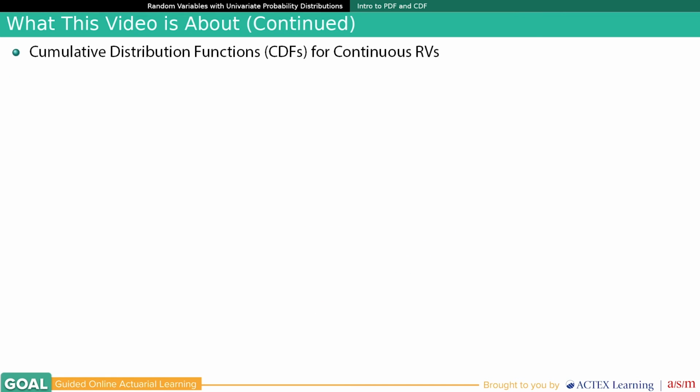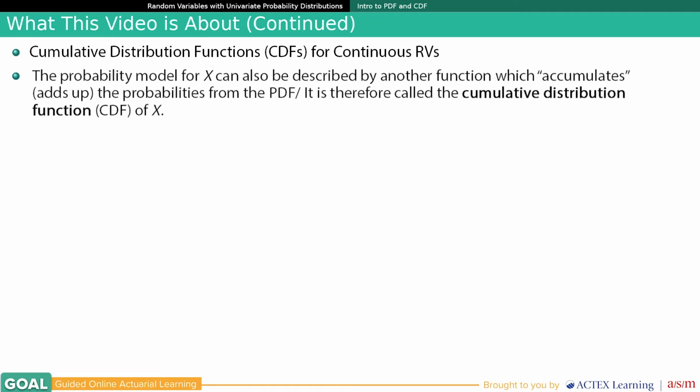Just like the discrete case, probabilities for continuous random variables can also be described by cumulative distribution functions, or CDFs. The probability model for capital X can also be described by another function which accumulates or adds up the probabilities from the PDF.